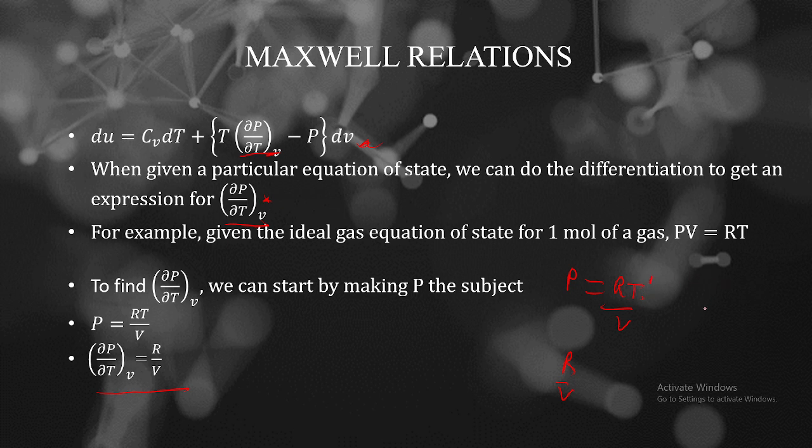If I'm doing my normal differentiation, I would bring this number down, so 1 will multiply this, then T to the power 1 minus 1, or T to the power 0, and T to the power 0 is 1. So I'll end up just having R over V. Use anything that makes it easier for you to grasp it, but you have to really practice partial differentials. I think you would have done that in differential equations and a bit in multivariable calculus as well.